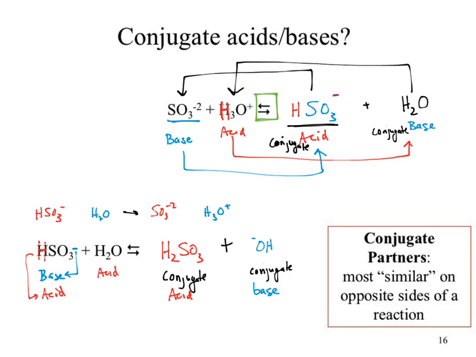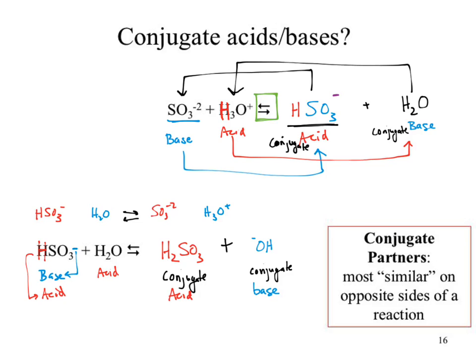Both of these answers are valid at this stage. I saw everybody writing that, and I'm super happy with that. The other thing that species could do is act as a base, as I showed.